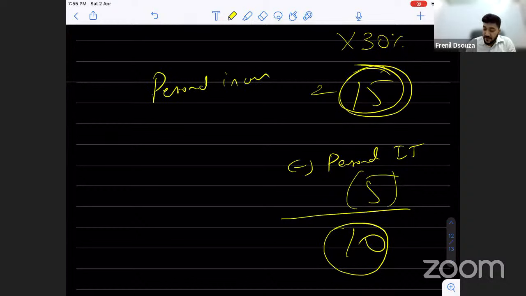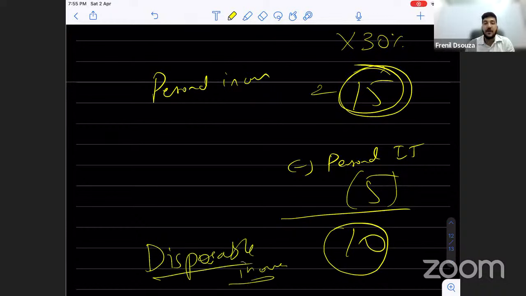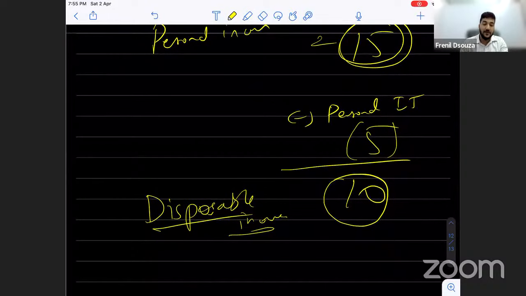And this 10 is something that we call disposable income. Okay. Now, all the people who have not yet revised after studying might be remembering this stuff, right? So disposable income is calculated this way. So we have finished a lot of concepts here. We have finished what is private income, what is personal income, what is disposable income.